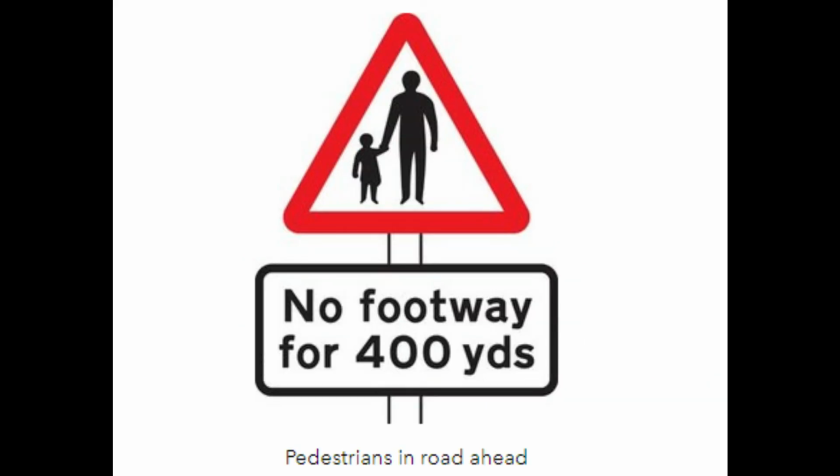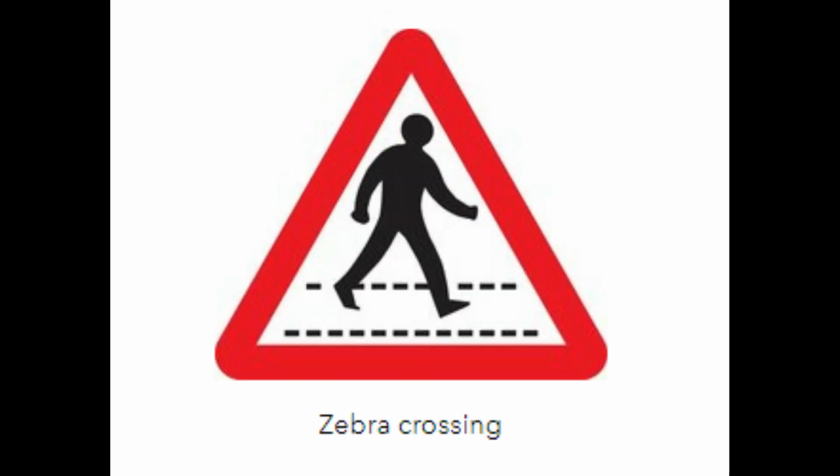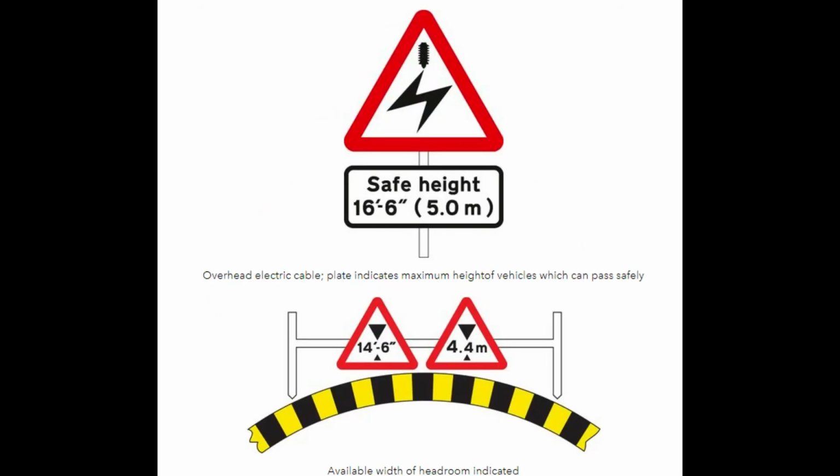No footway for 400 yards. Zebra crossing. These are some different signs to show you the safe height for vehicles to pass underneath this area. Basically, you can see here, an overhead electric cable plate indicates the maximum height of vehicles which can pass safely.